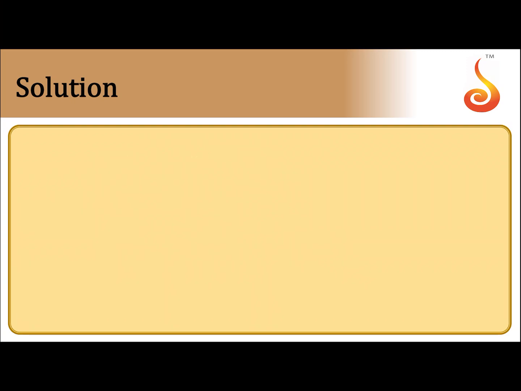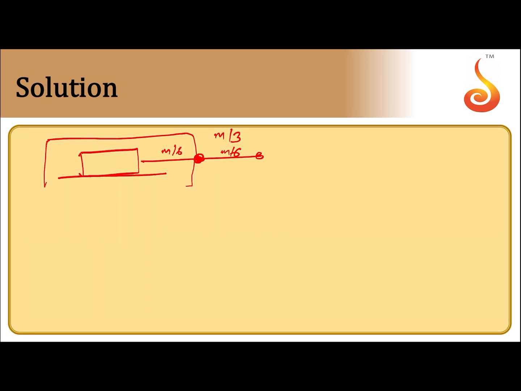Now, we are required to find the tension at this point, and the rope is of mass m by 3. So notice that the mass of this part is m by 6, the mass of this part is m by 6. So it is good enough if I consider this portion alone.